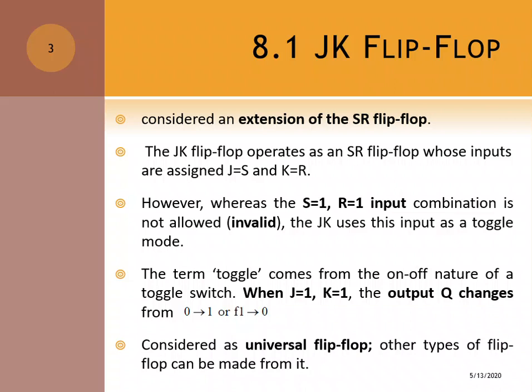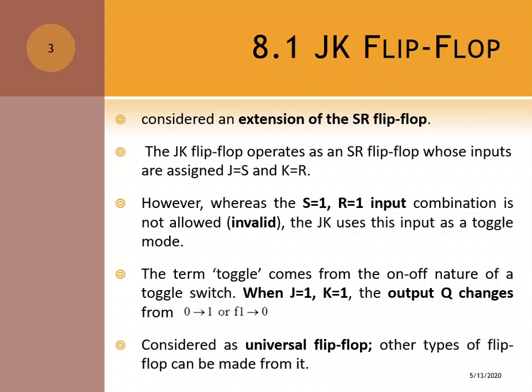So JK flip-flop is considered as an extension of the SR flip-flop. The JK flip-flop operates as an SR flip-flop whose inputs are assigned J equal to S and K equal to R. So basically, JK flip-flop is exactly the same as SR flip-flop.